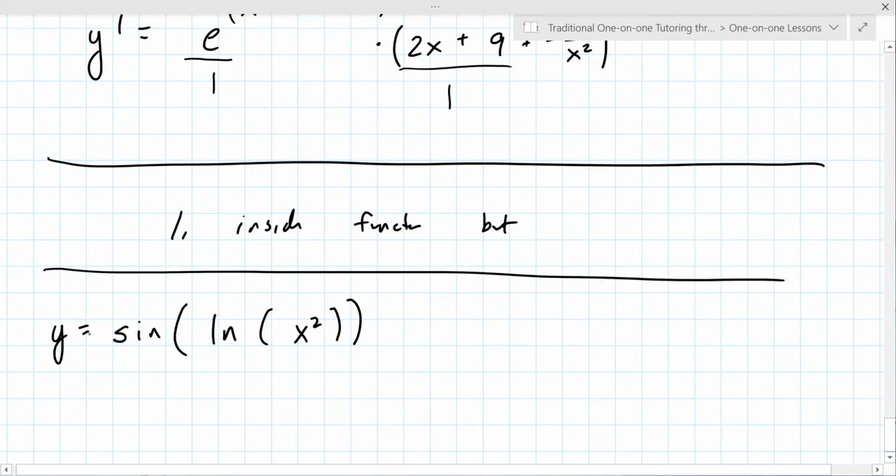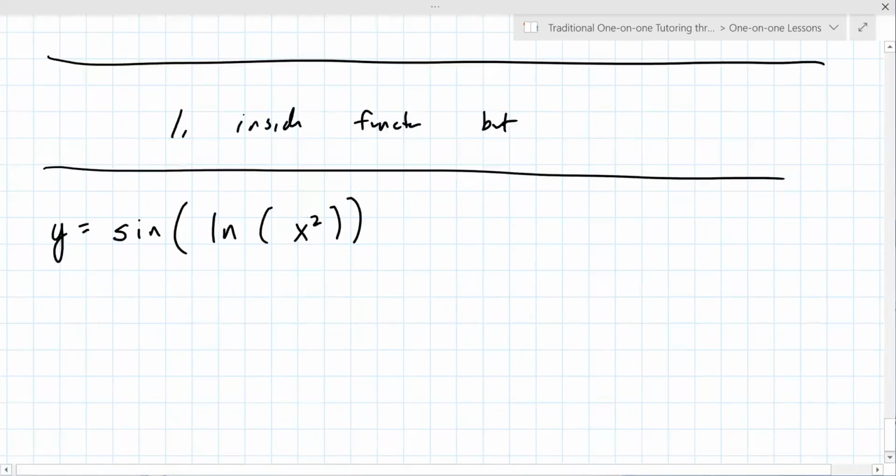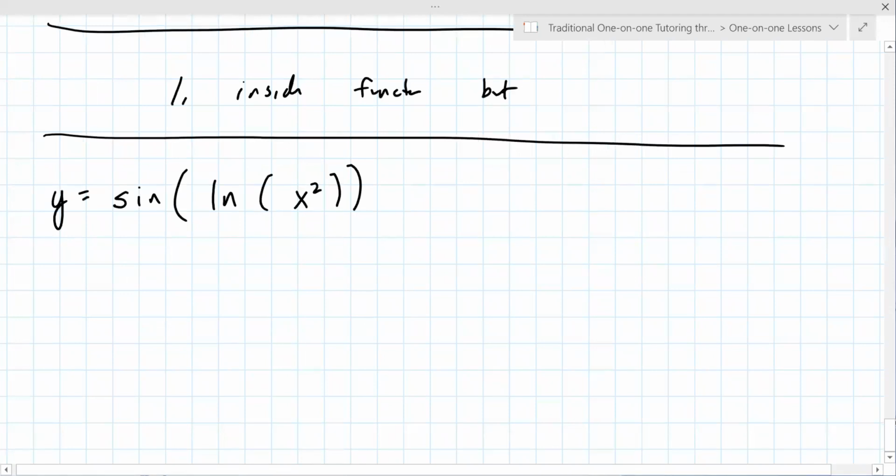What is the outside function here? The outside function is sine. So the derivative of sine is cosine, and then you keep the inside function, natural log of x squared.